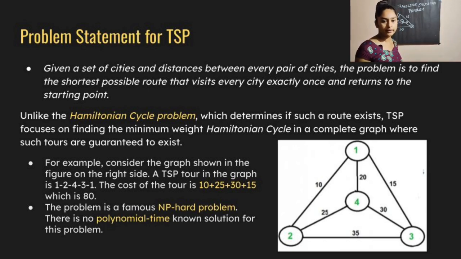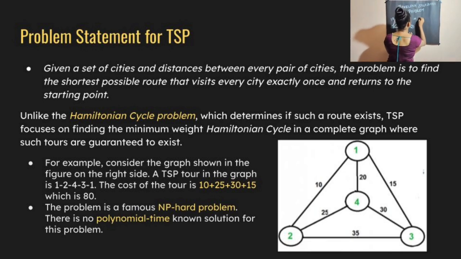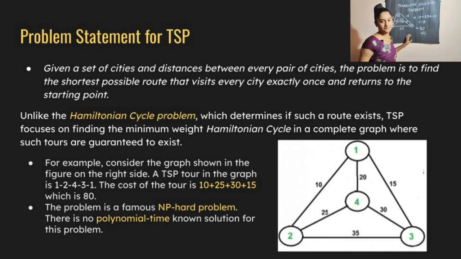A tour in the TSP4 graph is 1 to 2, 2 to 4, and 4 to 3, and 3 to 1. So that is equal to 80.